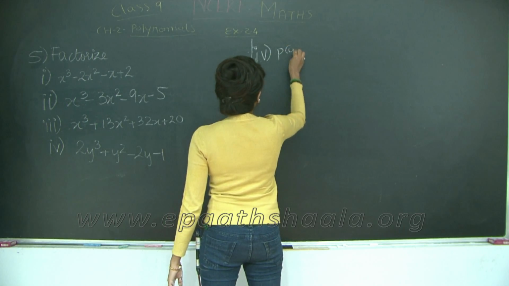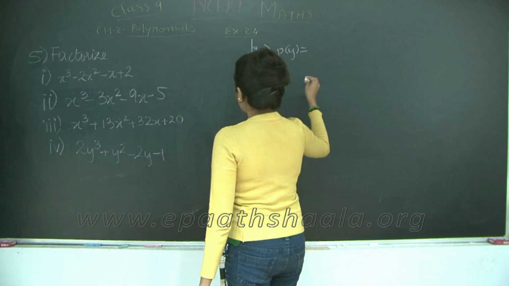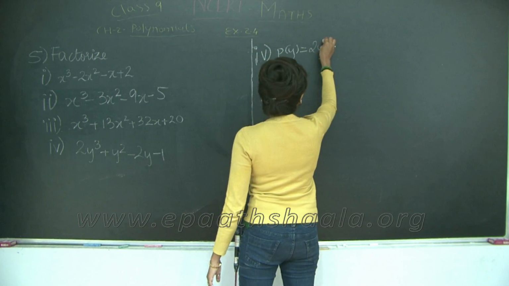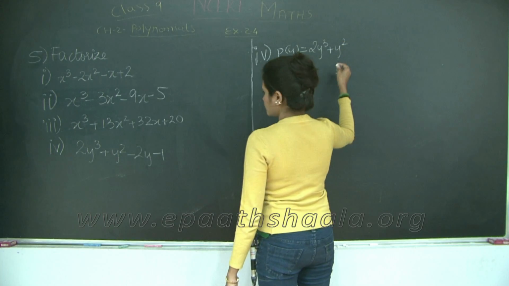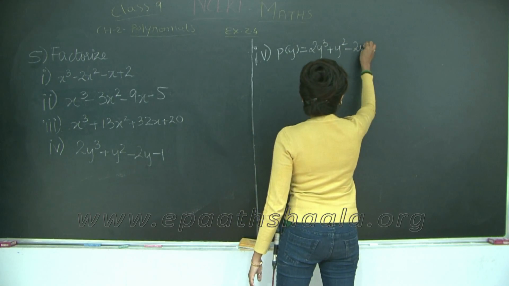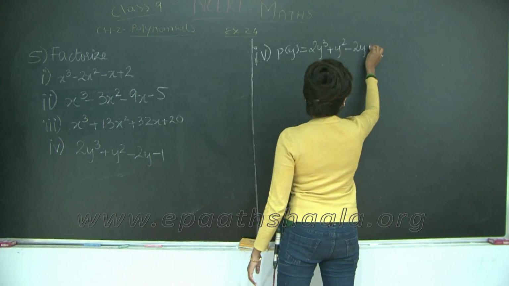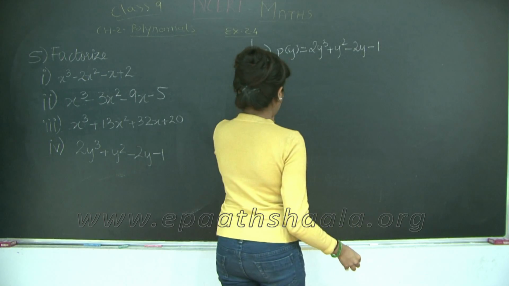p(y) is equal to 2y cube plus y square minus 2y minus 1, right?